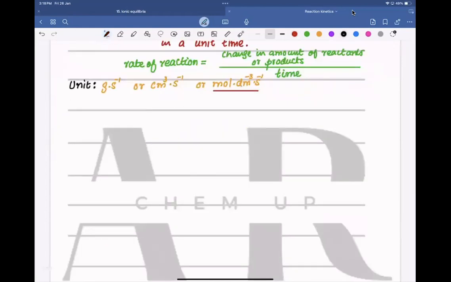Now, before heading towards the factor, first we will discuss collision theory.